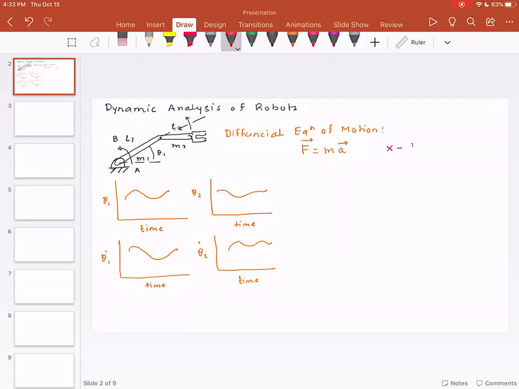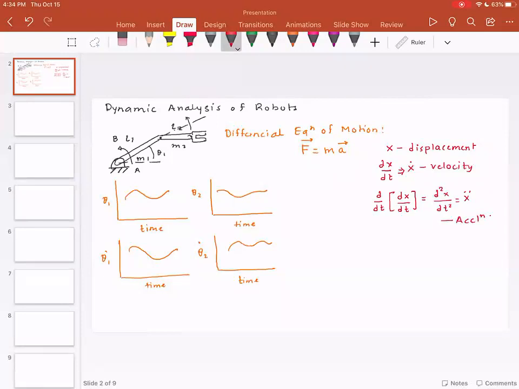If x is the displacement, dx by dt, which is the first derivative with respect to time, is velocity, and d by dt of dx by dt is d2x by dt square, which is x double dot, is acceleration.